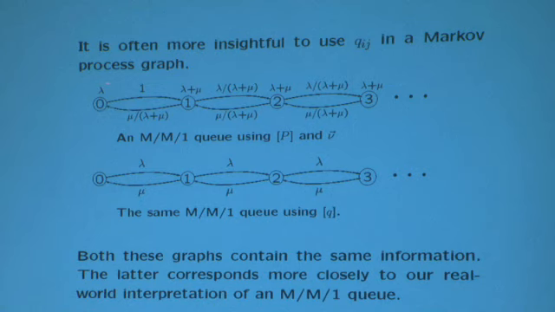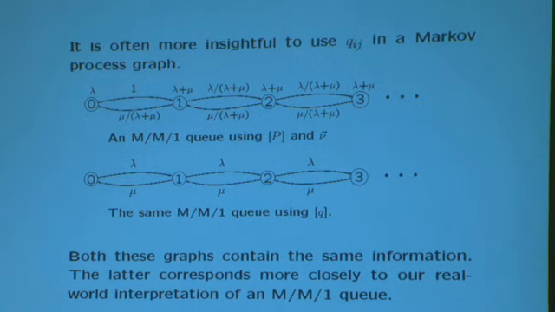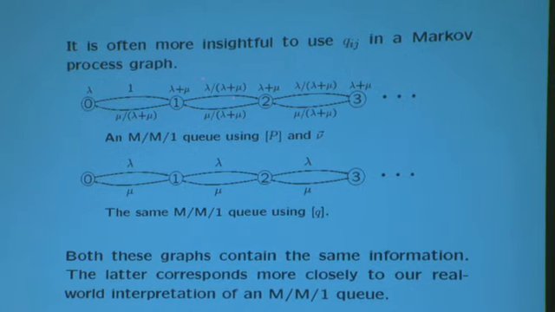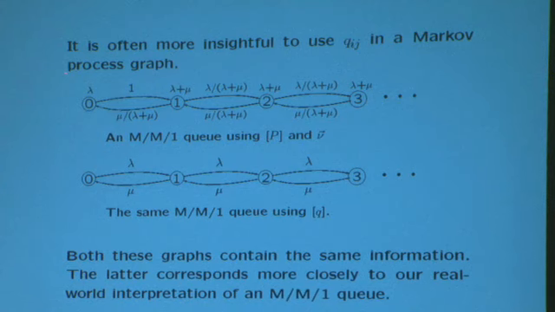All these other transitions are with probability lambda divided by lambda plus mu, because in all of these other states, you can get an arrival or a departure. Each of them are exponential random variables. The switch probability that we're talking about is then lambda over lambda plus mu to go up, mu over lambda plus mu to go down for all states other than 0. If you write this in terms of the embedded Markov chain, and if you write this in terms of the transition rates, it looks like this.